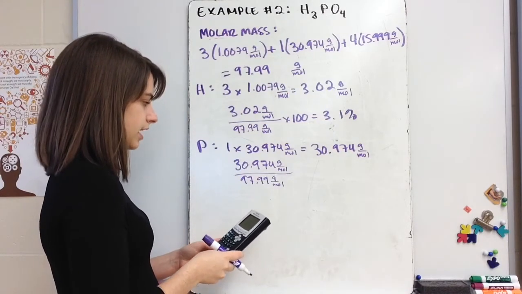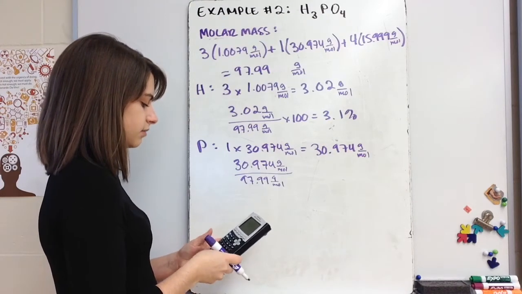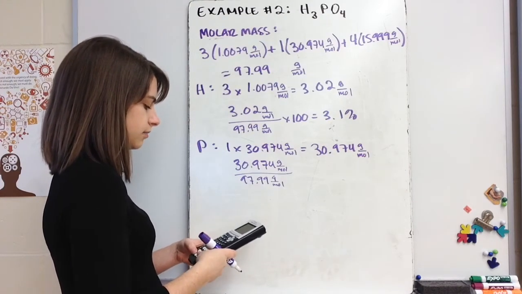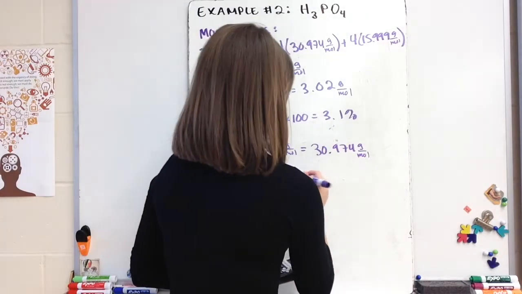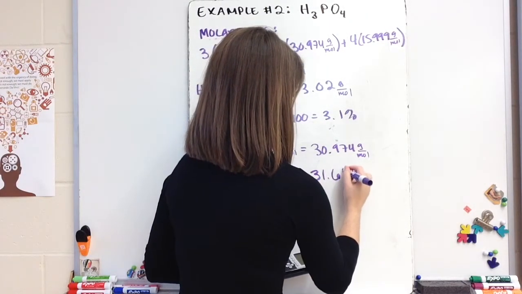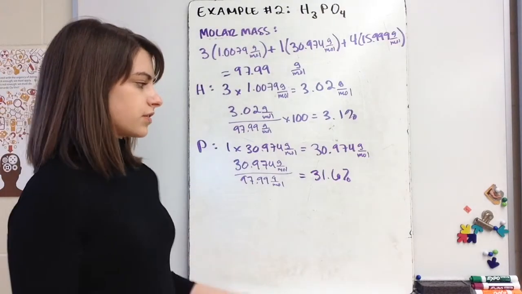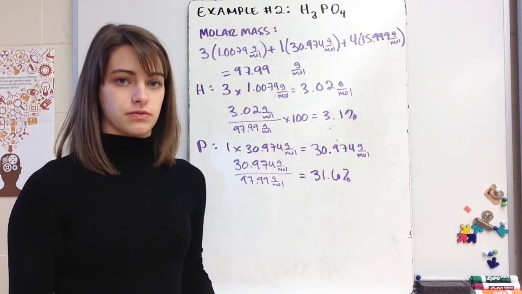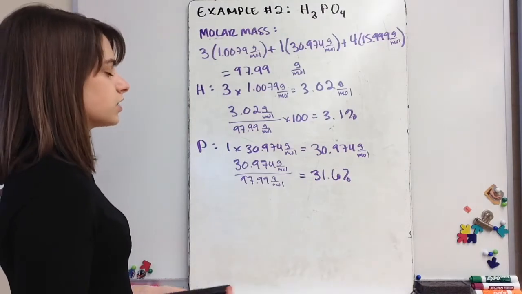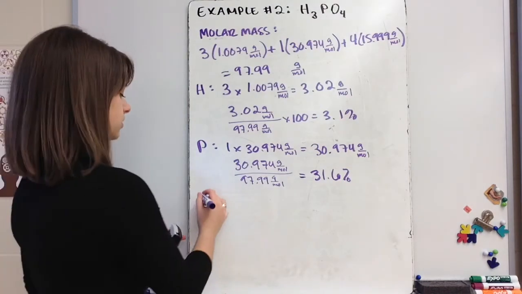So 30.974 divided by 97.99 times 100 gets me 31.6% phosphorus. So in this compound, if I have 1 mole of it, 31.6% is going to be due to phosphorus.